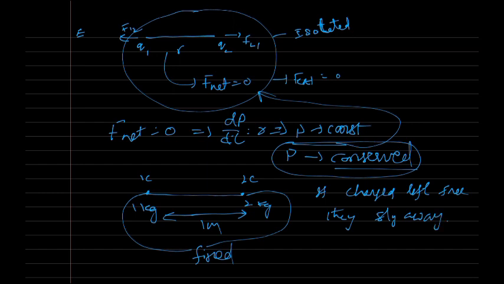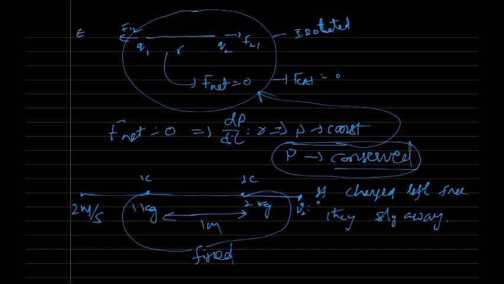After some time, this 1 kg particle is observed to be somewhere here, moving with a speed of 2 meter per second, let's say. Now you have been asked to find, exactly at that instant, what is the speed of this particle.